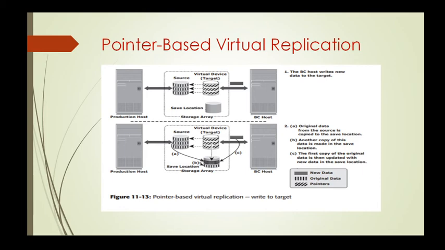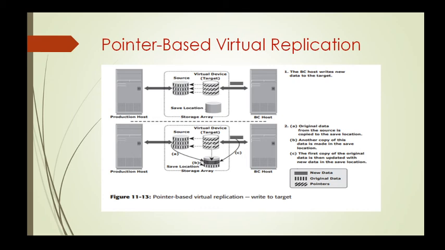Third, the first copy of the original data is then updated with the new data in the save location. So this is pointer based virtual replication, write to target example.